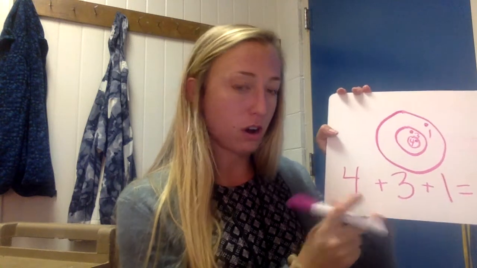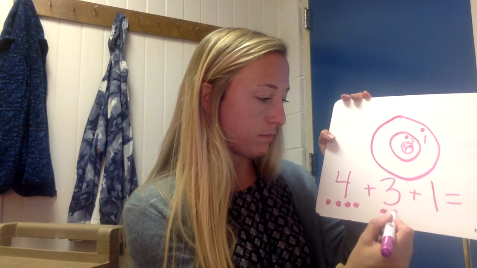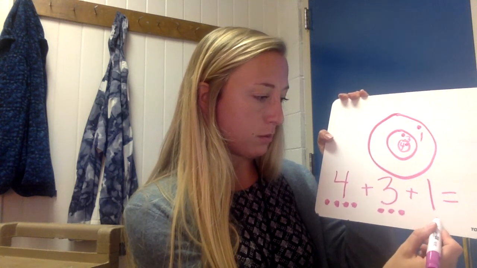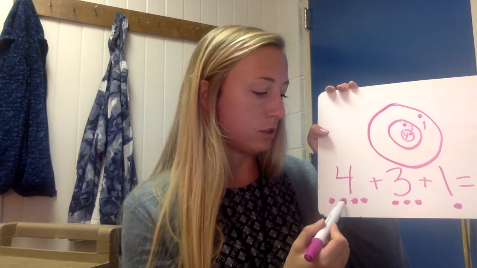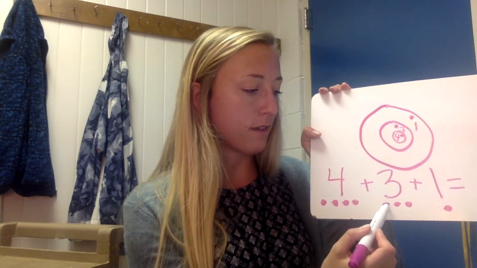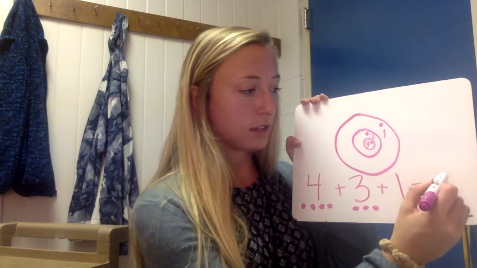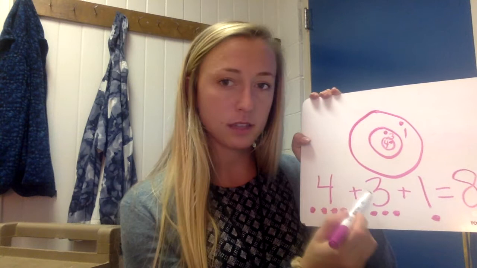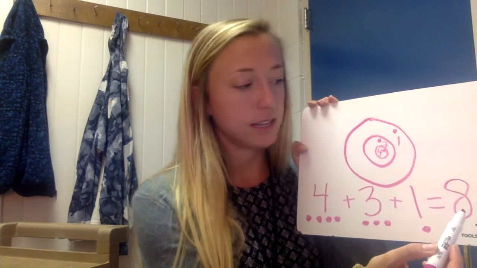One, you can draw 4 dots down here, 3, and 1. Then we can count the dots. 1, 2, 3, 4, 5, 6, 7, 8. So our answer would be 8. 4 plus 3 plus 1 equals, you say it, 8.